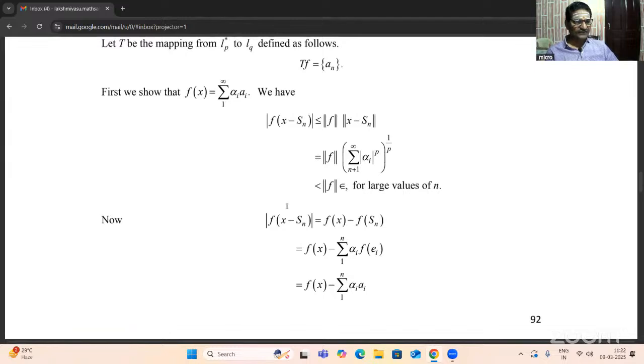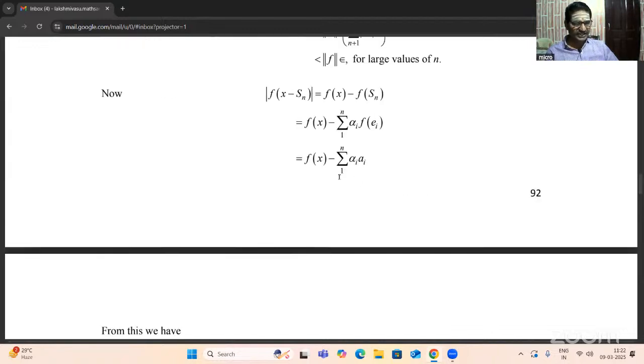So mod f of x minus Sn equals f of x minus f of Sn. So this is f of x minus the summation alpha i f of ei. f of ei means ai, replacing that value with ai.